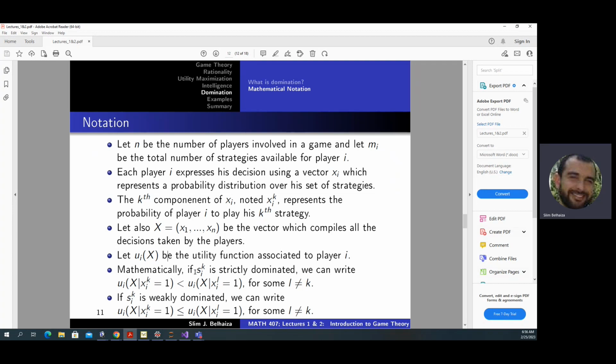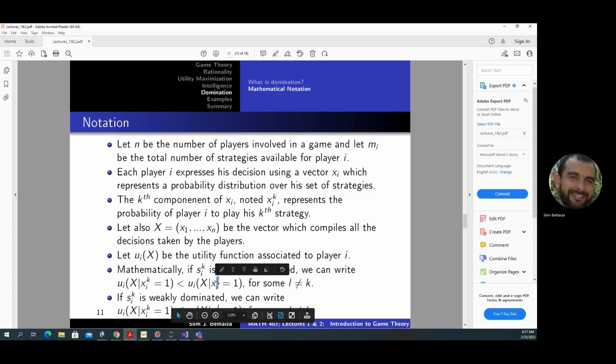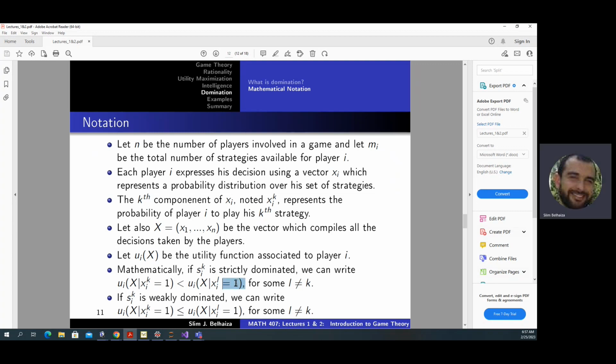From a mathematical point of view, if S_ik is strictly dominated, one can write that the utility u_i provided by X when x_ik is allowed a probability of being played of 1 is always strictly less than the outcome u_i provided by X when some other different strategy l is allowed 100%, or 1 unit of probability of being played, for some l not equal to k.